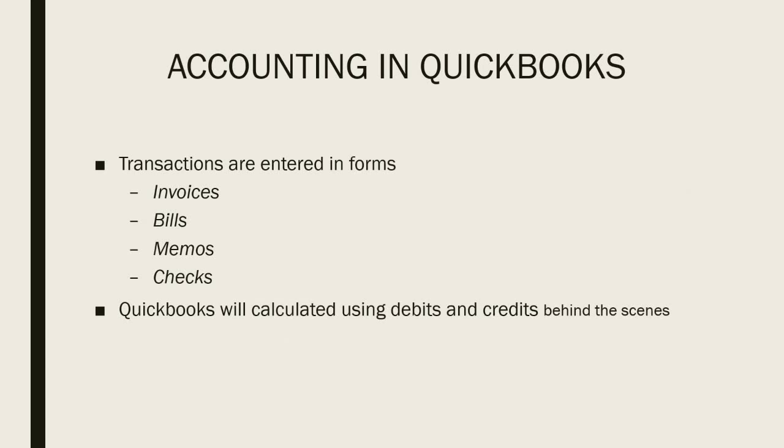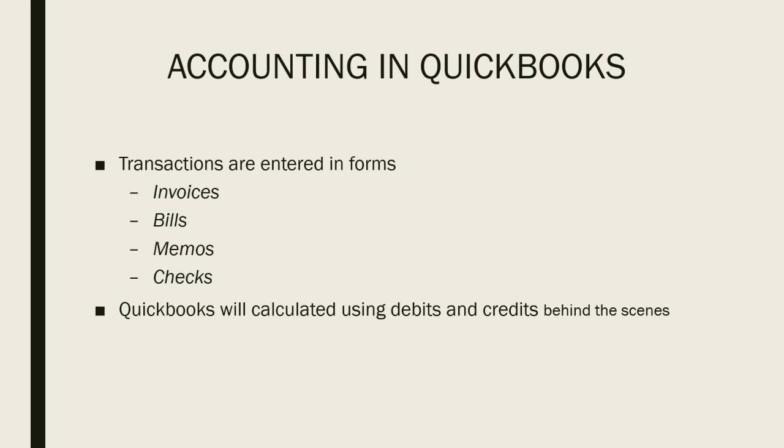And then last but not least, we talked about how we utilize QuickBooks, right? In this case, when we think about how to use QuickBooks, we're going to be using QuickBooks as if it is a single entry system, okay? We just talked about double entry, right?